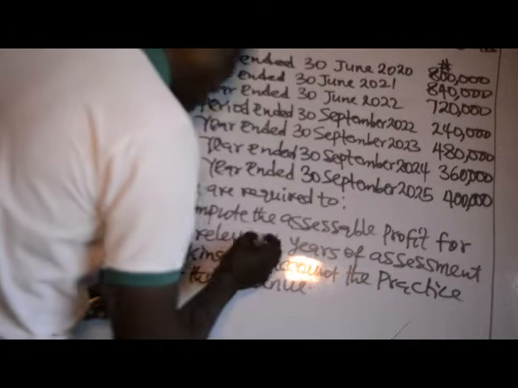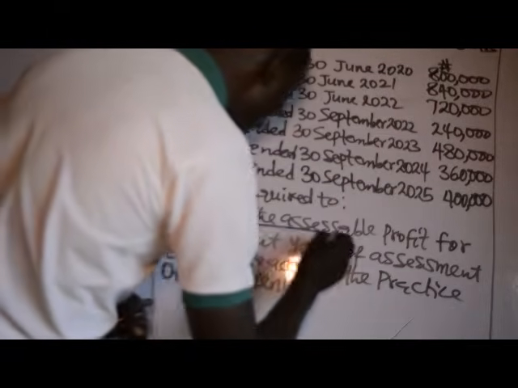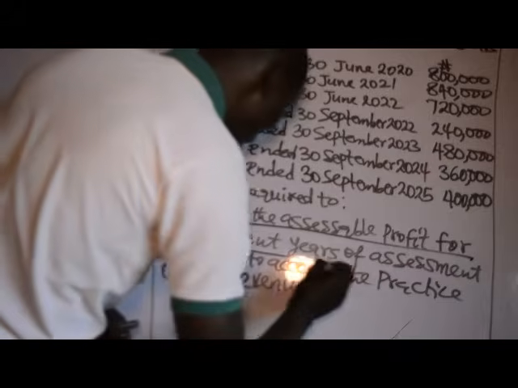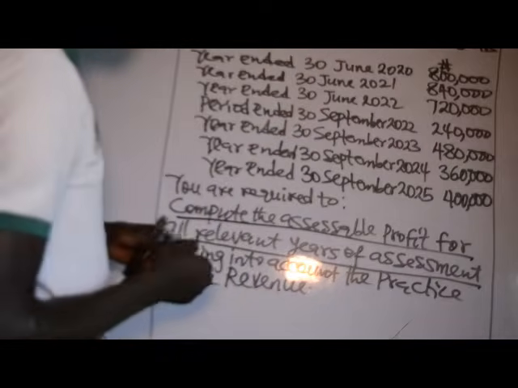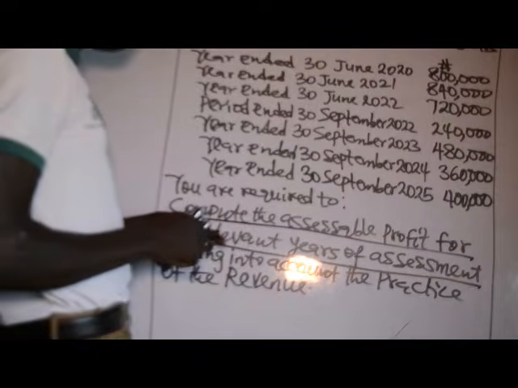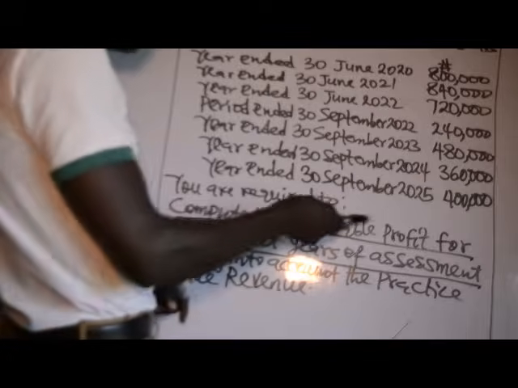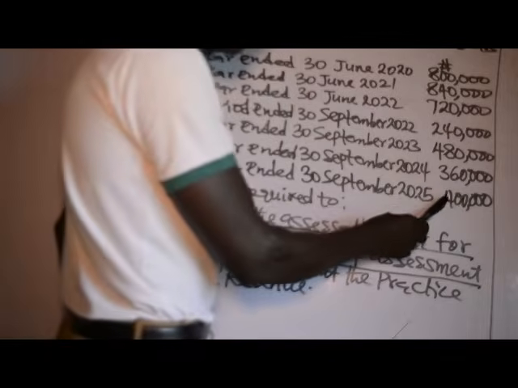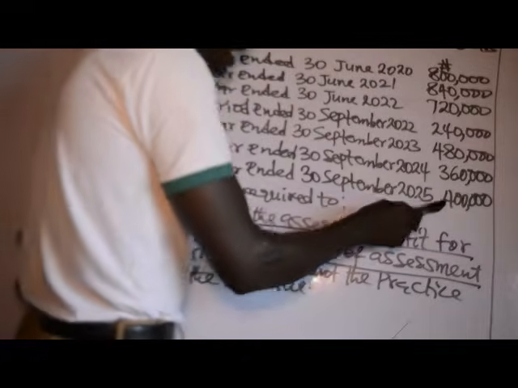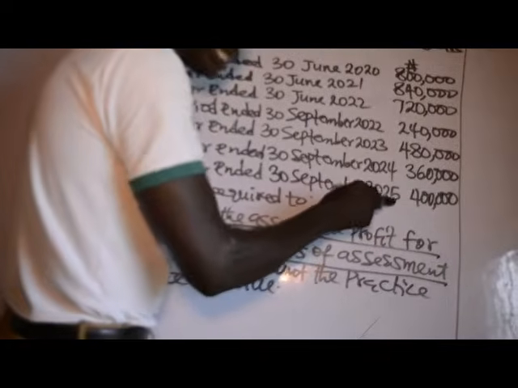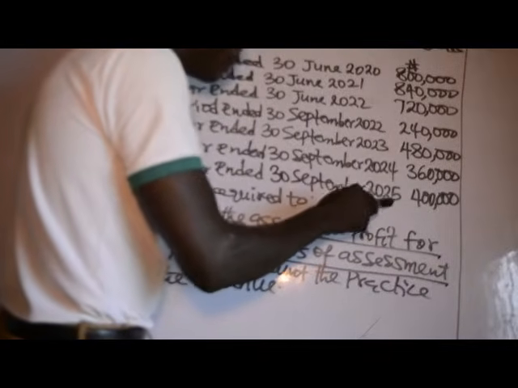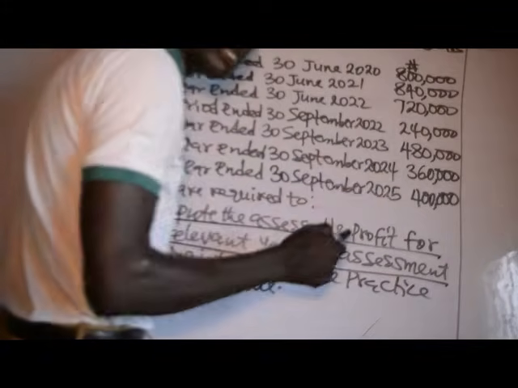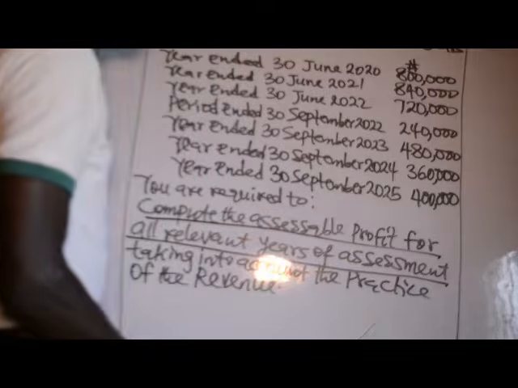You have to compute the assessable profit for all relevant years of assessment. Remember, the principle in use is preceding year basis. The profit for 2025 will be assessed in 2026. That means you are going to compute the assessable profit up to the 2026 year of assessment.